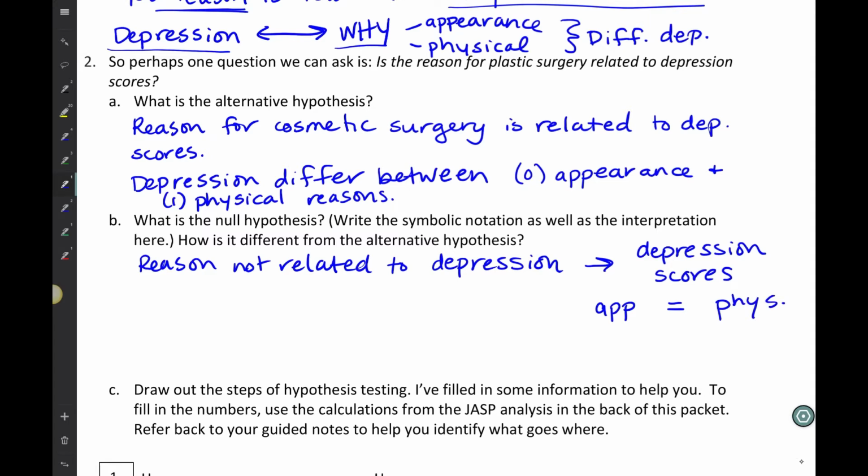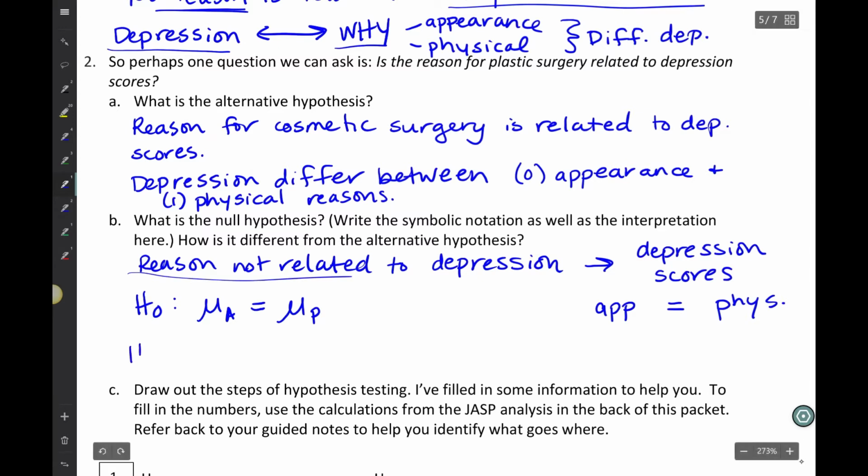Right? So in this case, our null hypothesis is going to be that the mean of the appearance group is the same as the mean of the physical group. There's no difference in the depression scores between those groups because depression is not related to why they want surgery. That's the null hypothesis. The alternative would be the opposite of this, that we expect to see some difference between the means of those two groups.